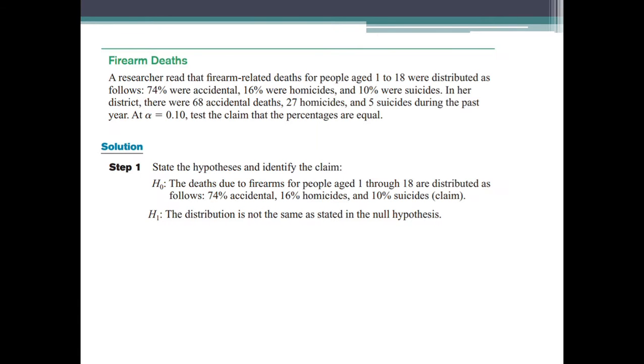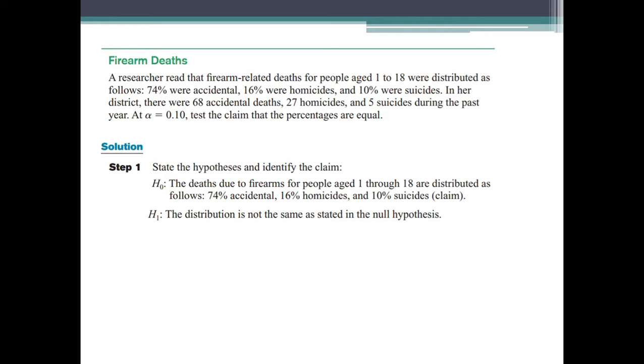And for another example, example 11-3, the firearm deaths. A researcher read that firearms-related deaths for people aged 1 to 18 were distributed as follows: 74% were accidental, 16% were homicides, and 10% were suicides.